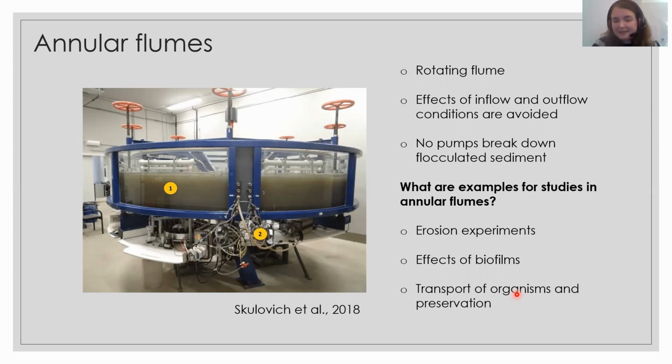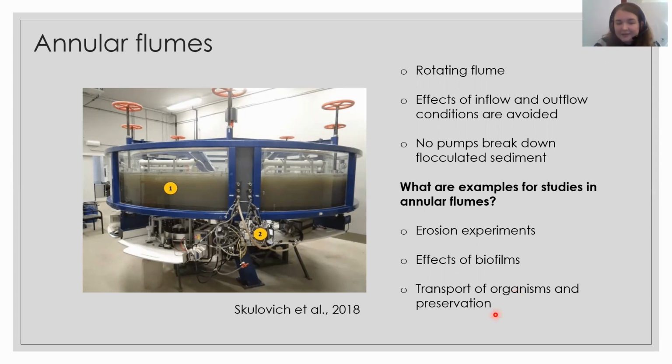Well, I already said a little bit about this, but it's basically mostly used for erosion experiments. Sometimes also in these erosion experiments, people want to know what the effect of biofilms are.